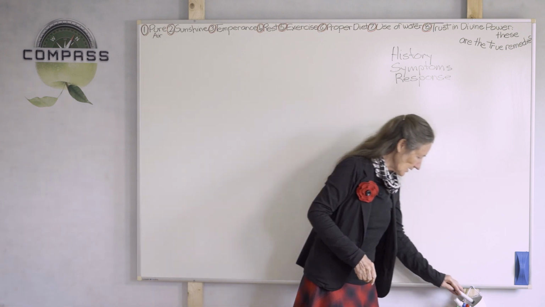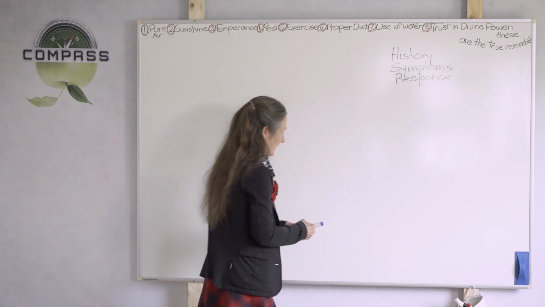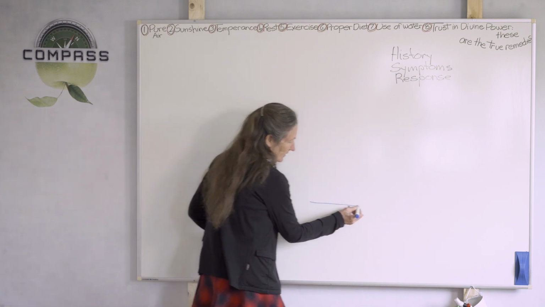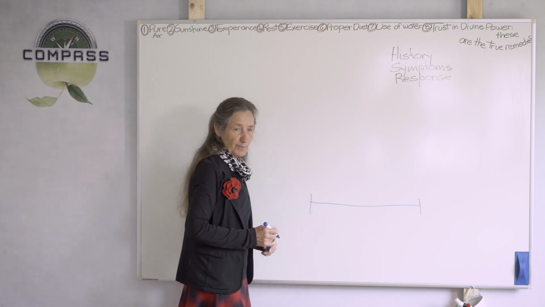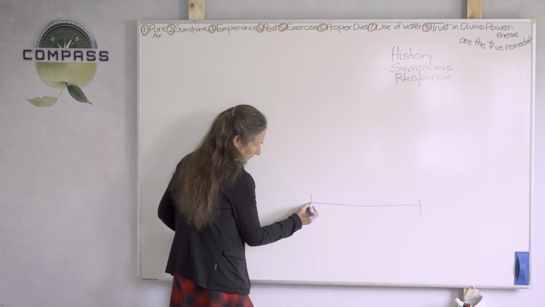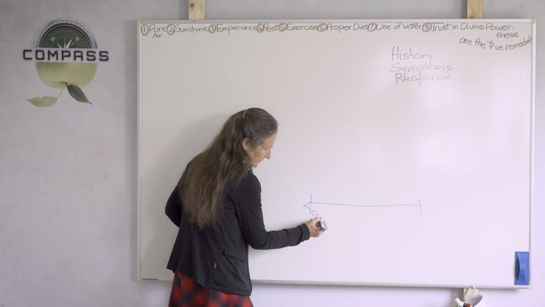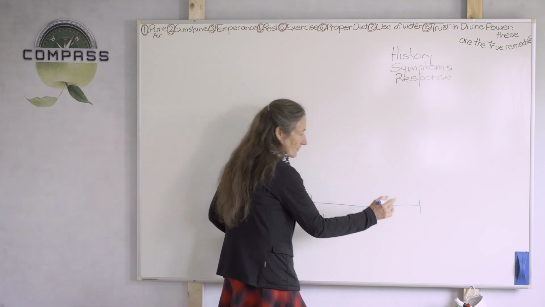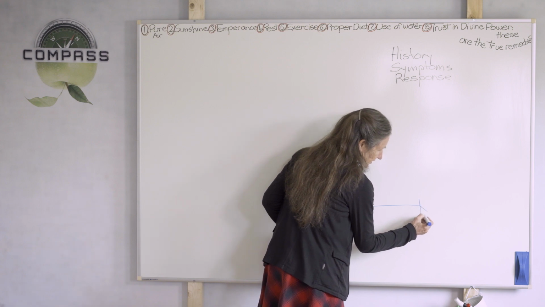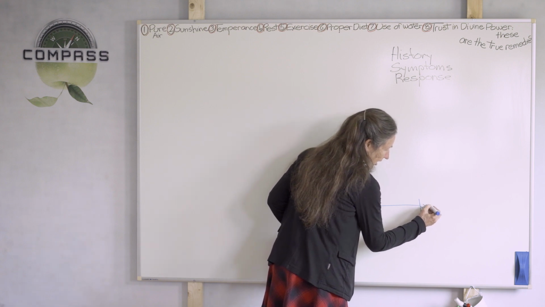So let's begin by looking at the acid-alkaline balance. It's called the pH scale. It's called pH because pH stands for potential hydrogen. So when acid dissolves in a solution, it gives off hydrogen ions. When alkaline dissolves in a solution, it gives off hydroxy ions.